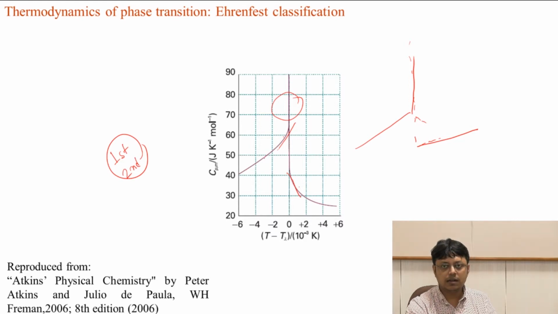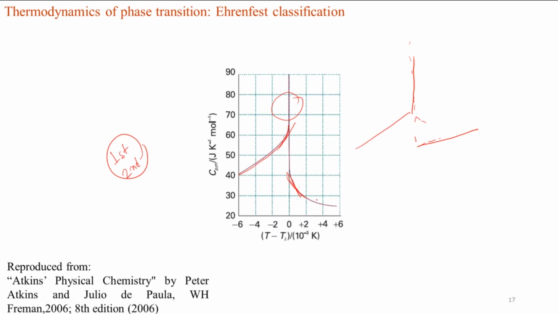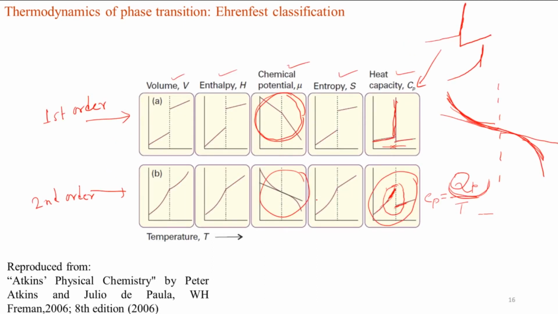This is known as the Lambda transition, where just like the second order, it is changing smoothly. It's not blowing up as much as the first order, but it is also like first order in the sense that the slopes are discontinuous. So we have basically three types of phase transition.